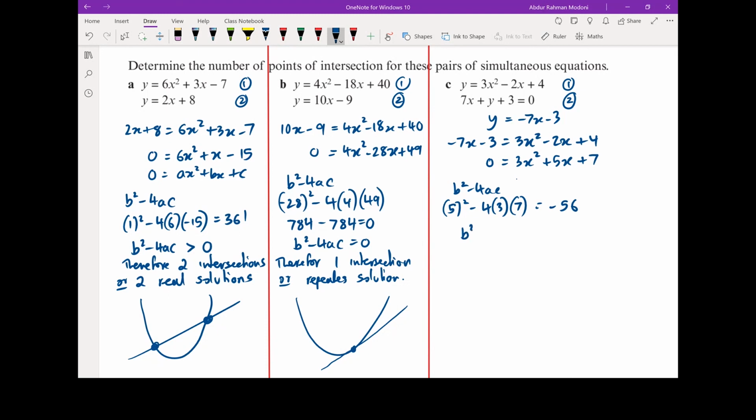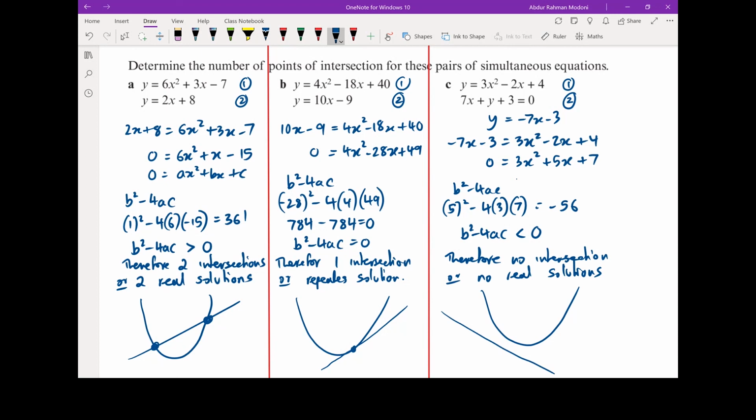And since the discriminant is less than 0, we can say, therefore, no intersections or no real solutions. So what does this look like? Well, it would be a quadratic curve, and the line would simply miss it. It doesn't intersect it. So this is looking at a quadratic curve and a line.